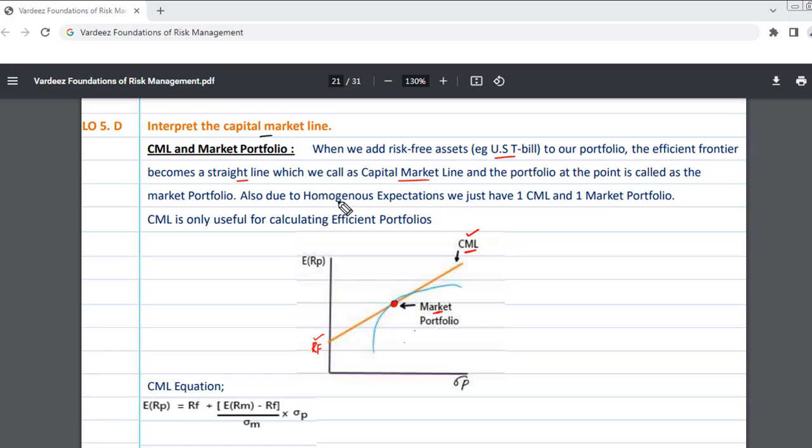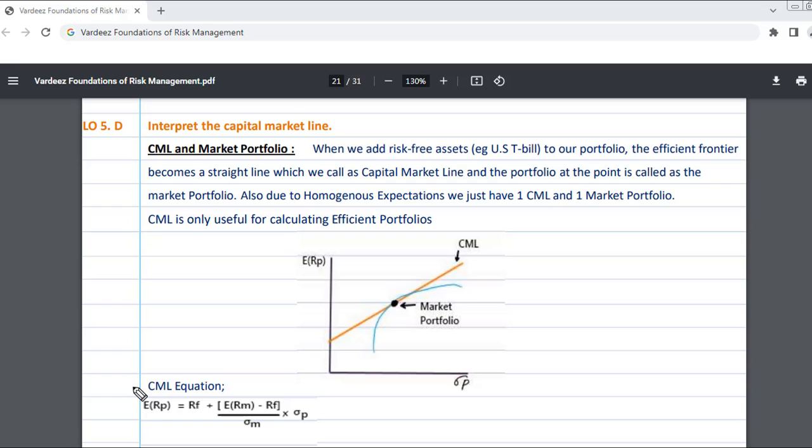Also, due to homogeneous expectation, there's one assumption here: we are assuming that everyone will have the same line, and hence we say that we just have one CML and one market portfolio. And this is the equation to calculate the expected return on the portfolio via the CML. It just says that you add the risk-free rate to the overall excess return that you get from investing in this market and the standard deviation of the overall portfolio.